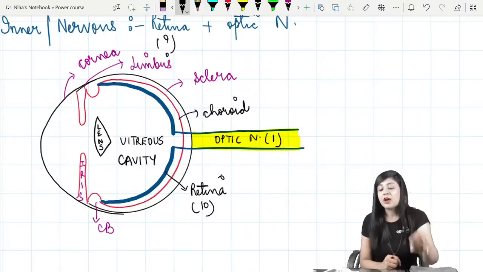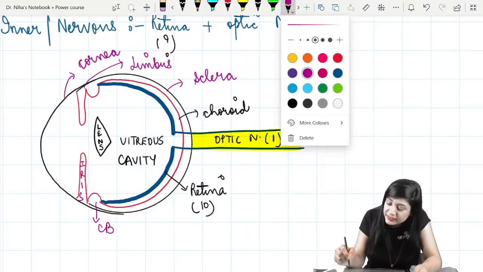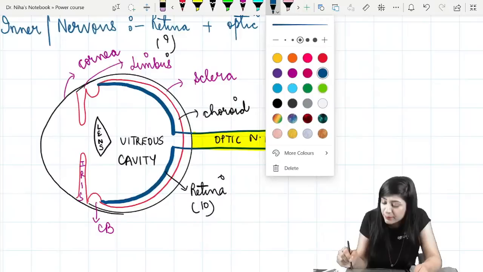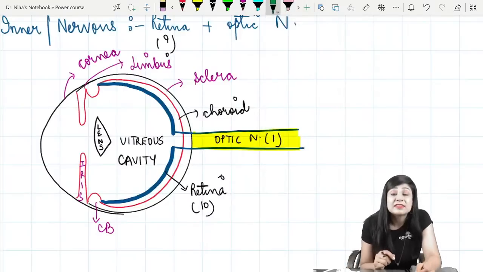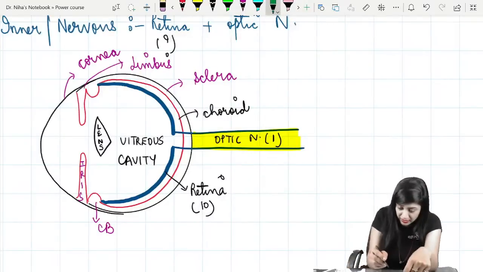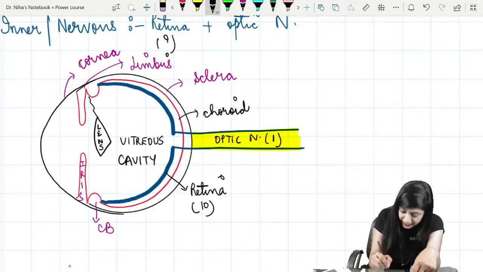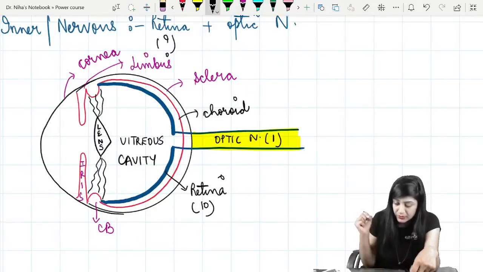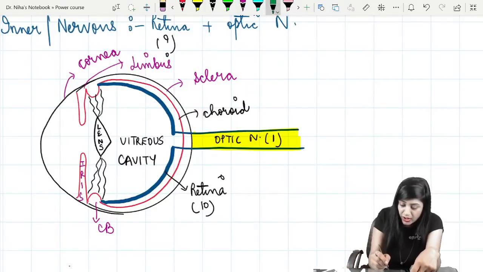Okay. Now, if I want to see the internal structure, I will divide the eyeball into 2 parts, and listen to me, this is an imaginary line. Before that we can join the lens by the zonules. These are zonules which are holding the lens. Now draw an imaginary line passing through the lens.